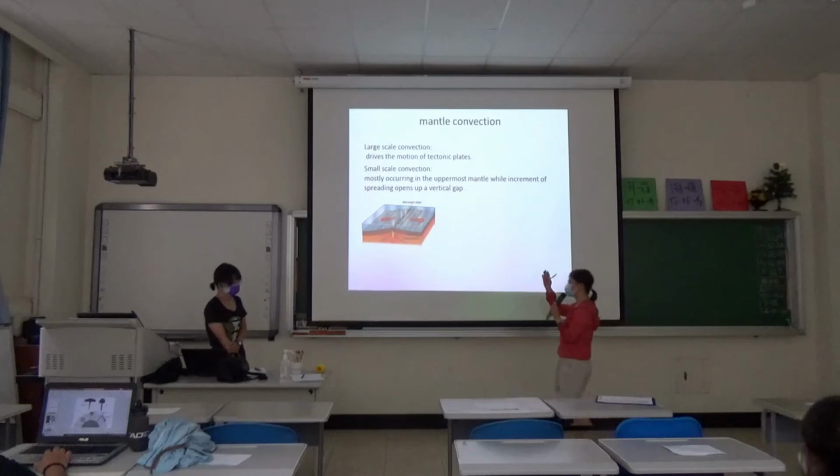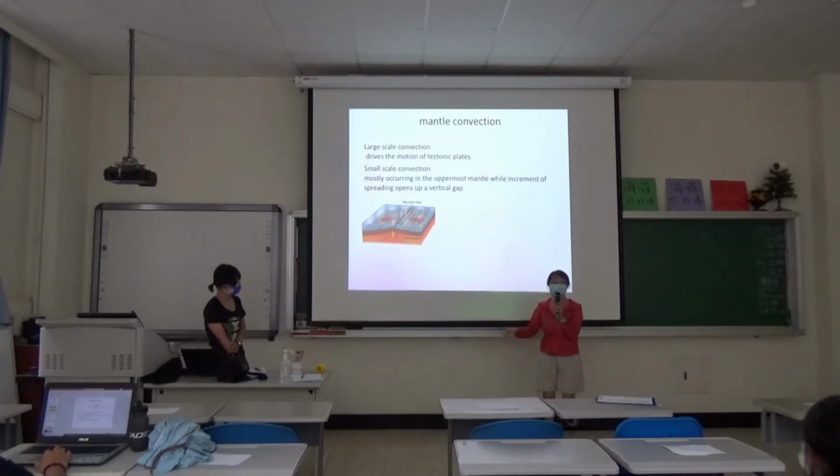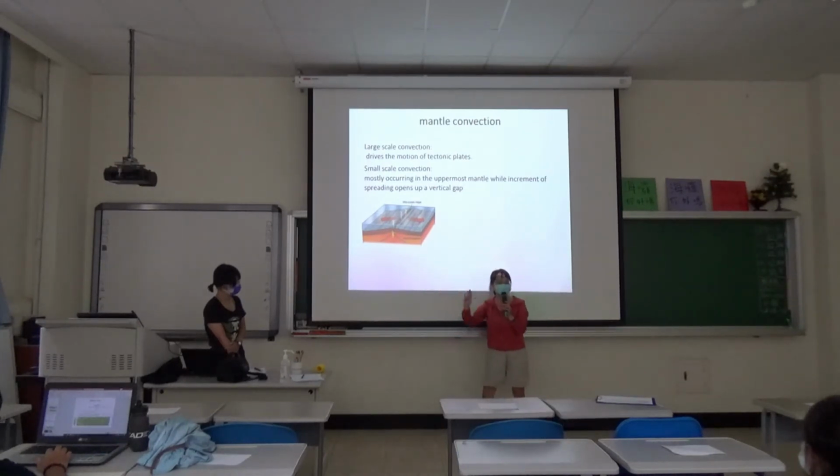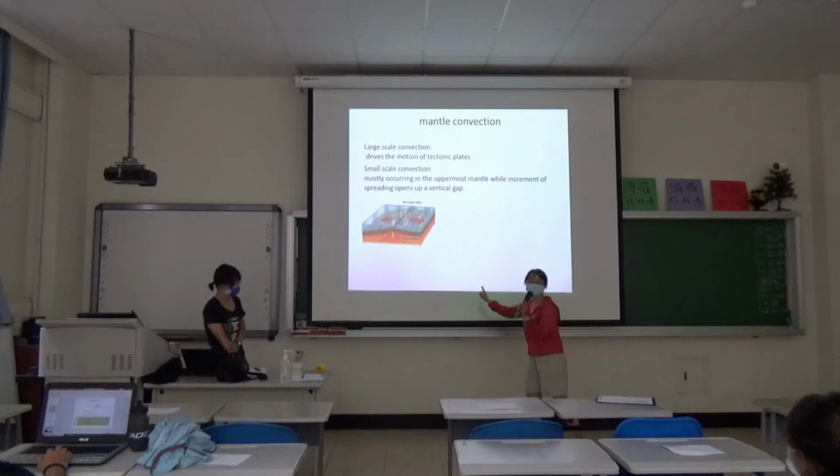Well, this is so deeply rooted in your brain by high school geoscience education that you always think the convection cell is like this, and this part is the mid-ocean ridge. Unfortunately, this is not right, and I will tell you more evidence later during my lecture.